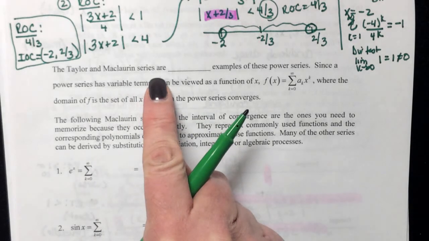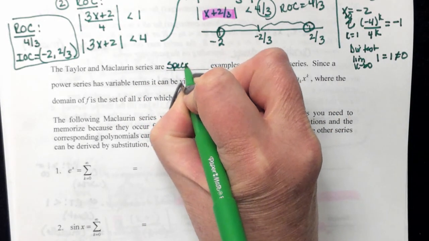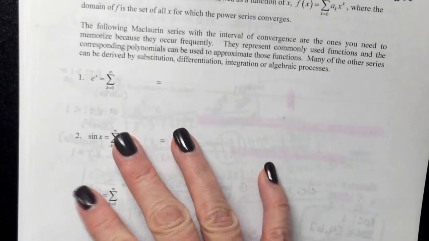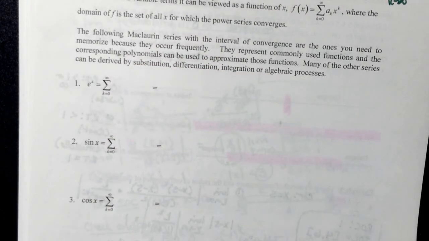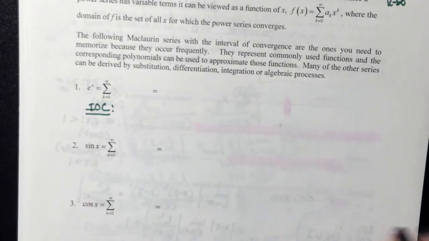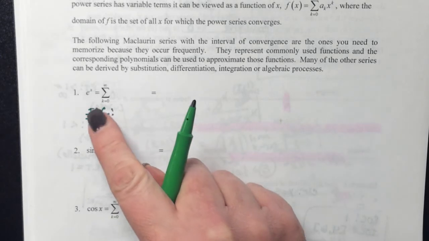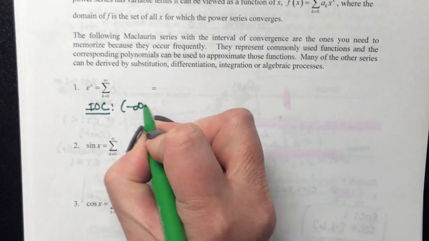Remember, Taylor-Maclaurin series are special examples of power series. I'm not going to rewrite out what all of these series are because we did that on the green sheet, but what is helpful to know and to add to that is what the interval of convergence is for each of these special series. So for your Maclaurin series e to the x, the interval of convergence is all real numbers.